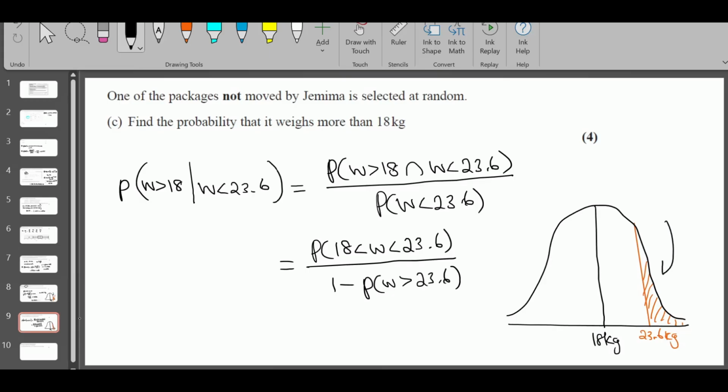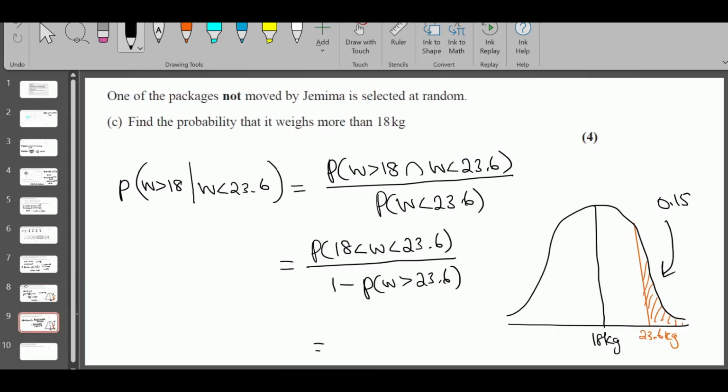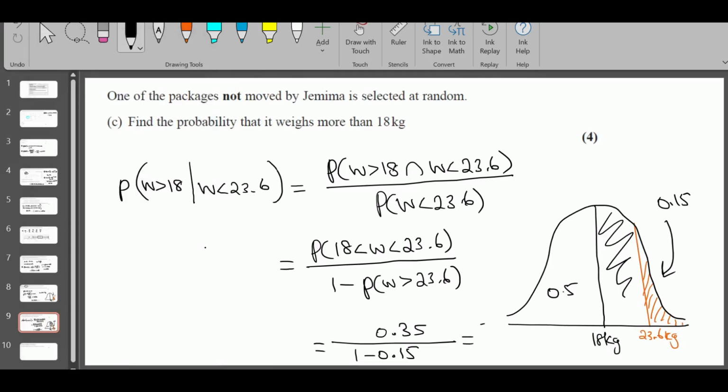We know greater than 23.6 is 15%, which was given in the previous part. So 1 minus 0.15 at the bottom. On top we need this area. We know this is 0.5, this is 0.15, total is 0.65, so this will be 0.35. So the answer is 0.35 over 0.85. You can just keep it as 7 over 17. That's the answer.